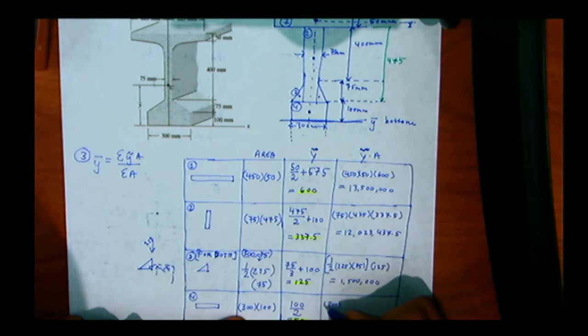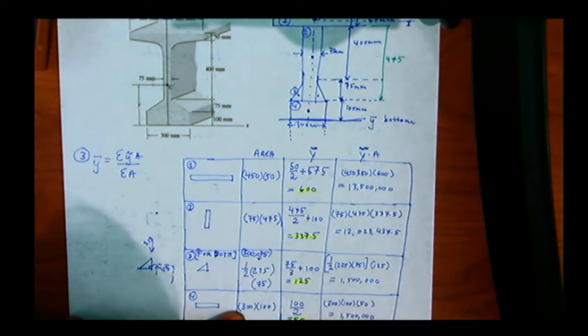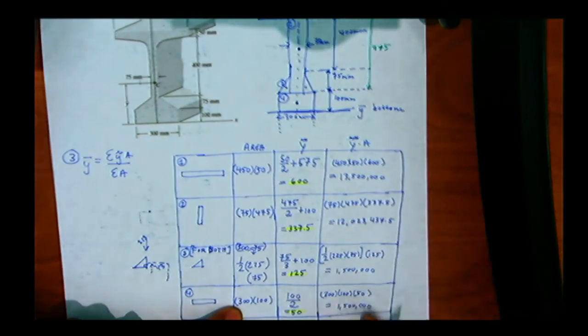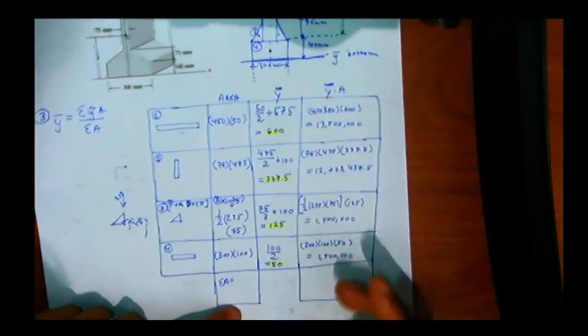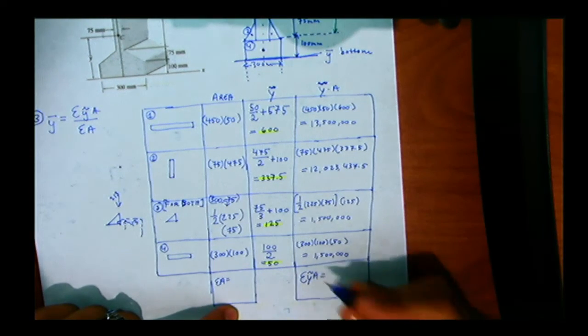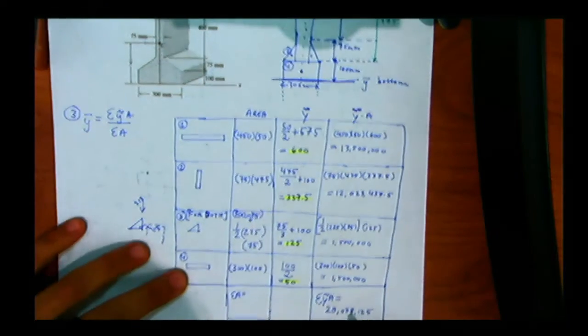Now we have all these values, we can just add them straight across, so that we get our summation of y squiggly A: 48,078,125. And the summation of areas is going to give you 96,562.5.